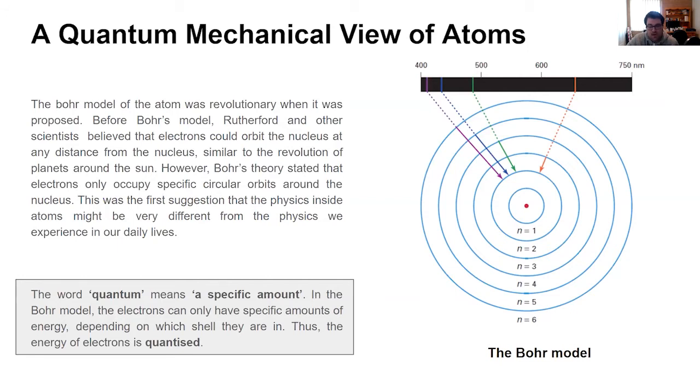They found there's energy level 1, 2, 3, and 4, but there's no energy level 1.2 or 1.5. There's nothing in between. So the energy of those electrons is quantized. They exist at a very specific energy level.